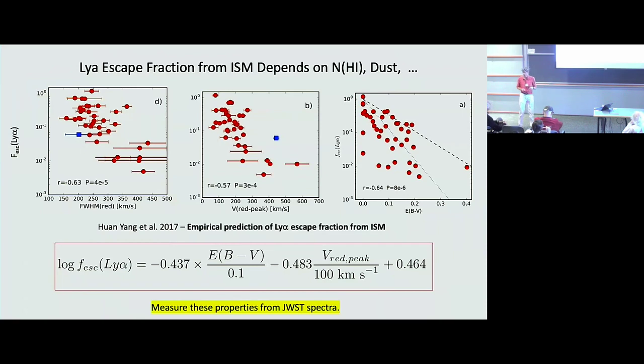So using galaxies in the local universe to learn about the physics of the ISM and establish empirical correlations between the Lyman alpha escape fraction and different properties: the width of the red peak of the Lyman alpha profile, this velocity offset that I was just talking about, and the dust content. So you see correlations with each of these quantities. Why? Because Lyman alpha escape fraction depends on the H1 column density, it depends on the dust, and I say dot, dot, dot because it probably depends on a number of other things, like the covering factor, and perhaps the star formation history.